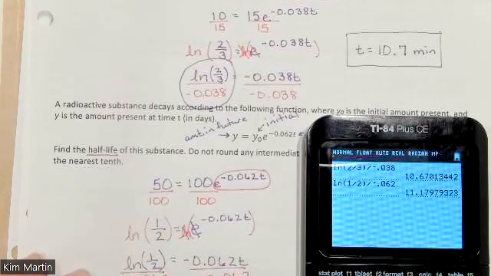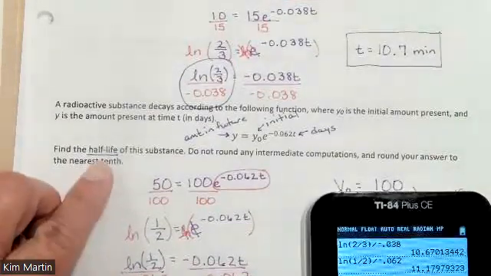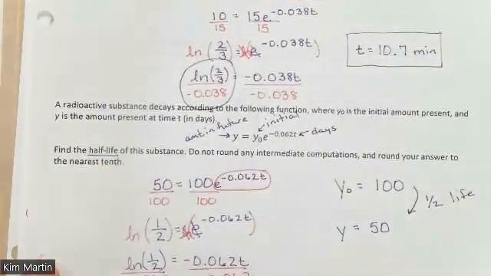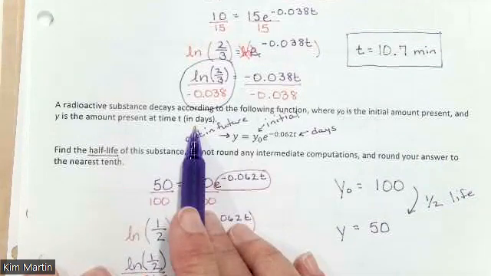And we get 11 point, does it say round to the nearest 10th? Yes, 11.2. So our time was 11.2. And does it say in days?